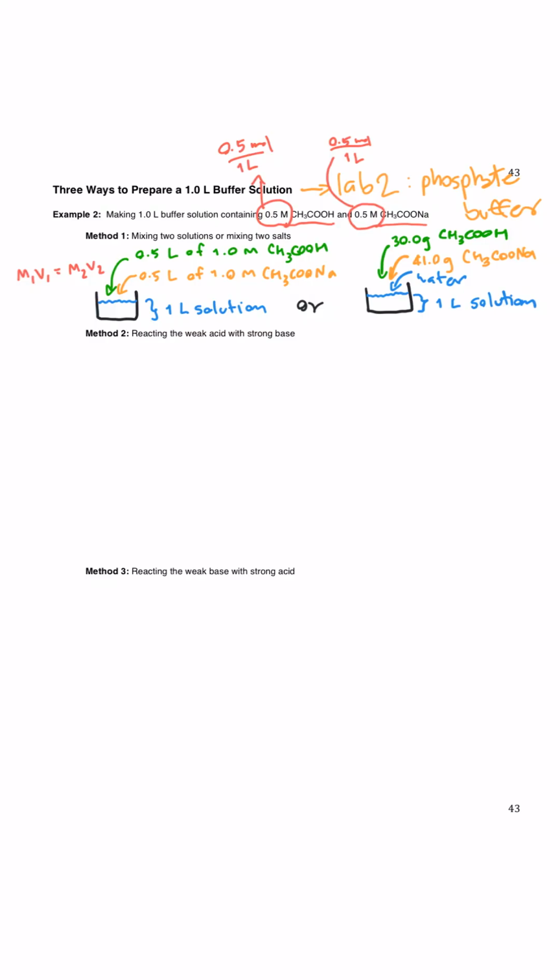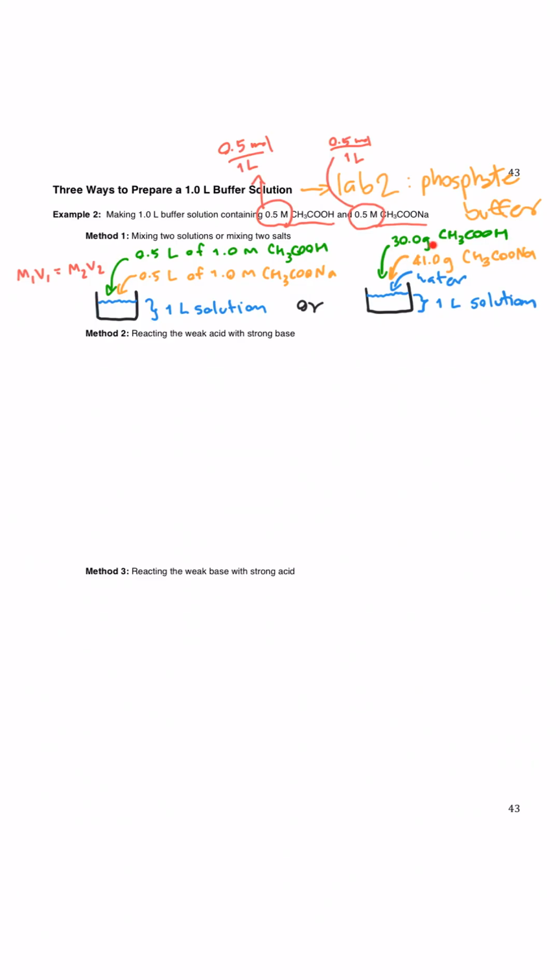If we don't want to prepare the buffer from already prepared solutions, the next thing we can do is mix the amounts of acetic acid and sodium acetate together by weighing them. For example, to make 0.5 mole of acetic acid in 1 liter, we would need 30 grams of acetic acid. And to make 0.5 mole of sodium acetate in 1 liter, we will need 41 grams of sodium acetate.